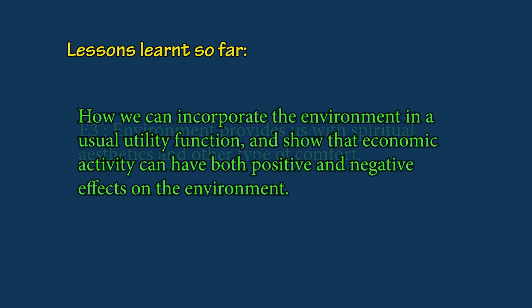Next, we have seen how we can incorporate the environment in a usual utility function and shown that environment, or any economic activity, can have both positive or negative effects when we incorporate the environment. The ultimate result depends on the relative strength of these positive and negative effects.